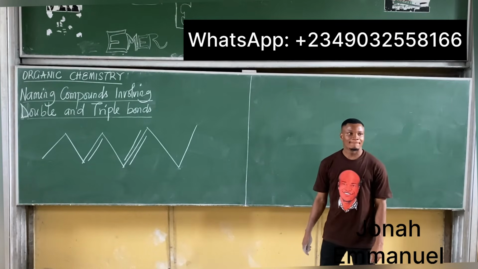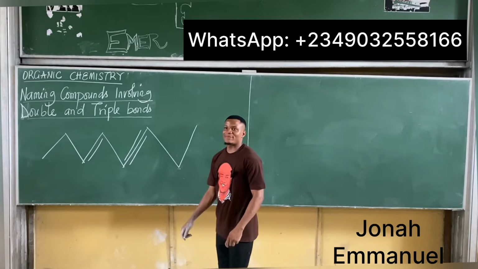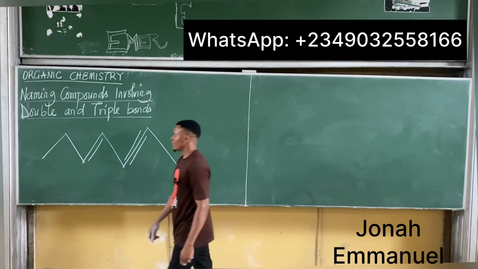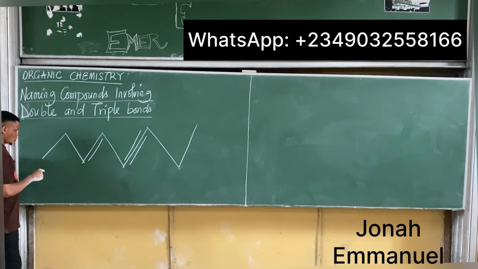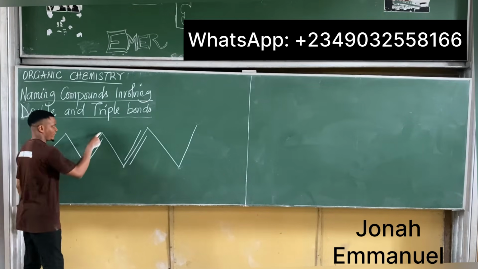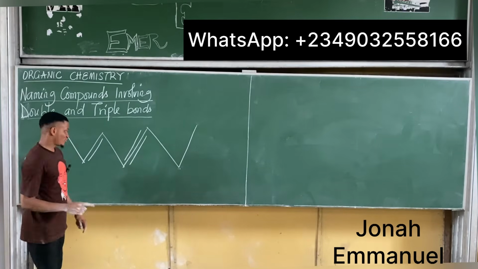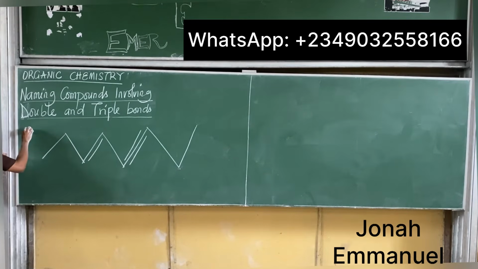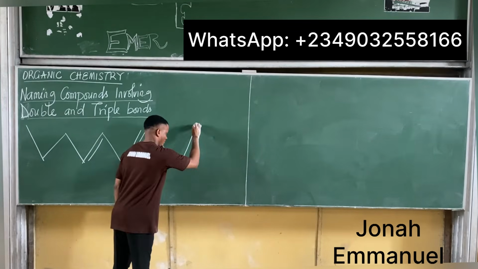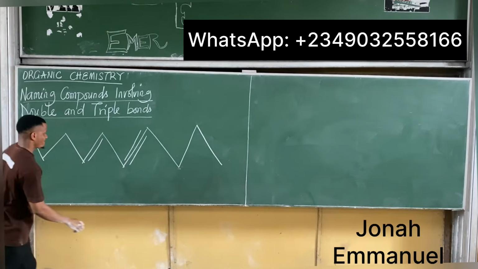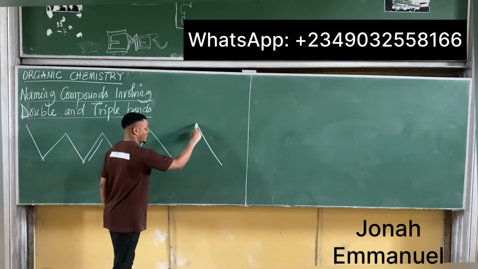Longest continuous carbon chain, how many? So we know that at every vertex is a carbon. So 1, 2, 3, 4, 5, 6, 7, 8. That's what there? An oct. Better still, let me make it a non. Again, let me make it a dec. Aha. So I'm having 1, 2, 3, 4, 5, 6, 7, 8, 9, 10.